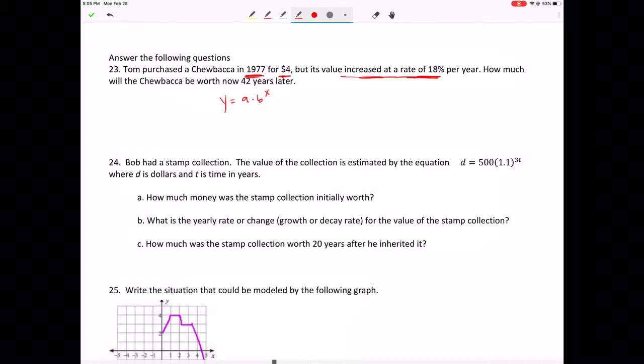A is our initial value, so this is our A. B is our growth or decay factor, but what they give you here is the growth rate. Okay, so we can't plug that in directly.